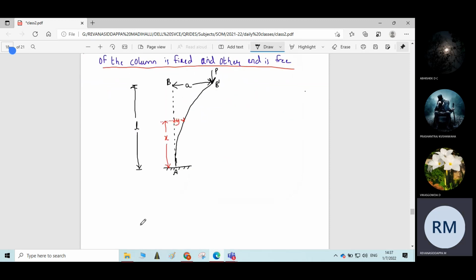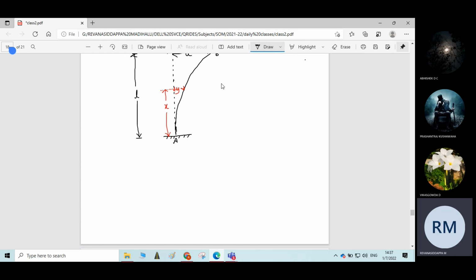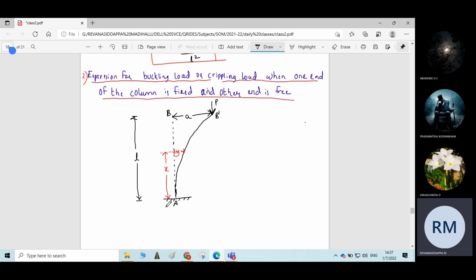Now we need to write some introductory part. Consider a column with one end fixed and the other end free. After applying the load, AB dash is the deflected shape of the column. Consider a section at distance X, where Y is the deflection at that particular section, and A is the deflection at length L, or the deflection at point B. P is the buckling load or the crippling load.